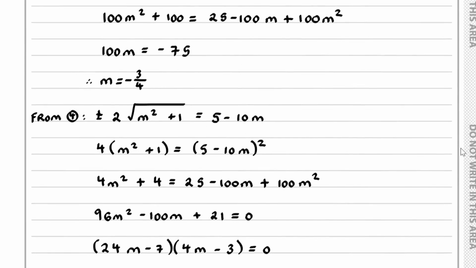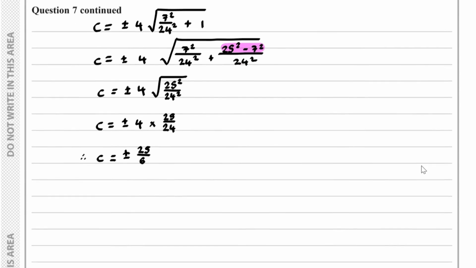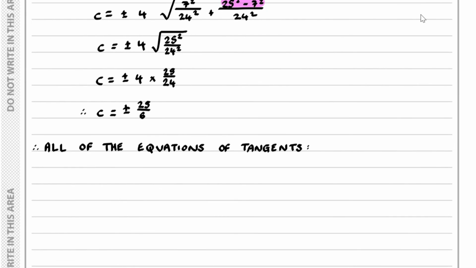And so what we can conclude from all this then, all of the equations of the tangents, we have x equals 4, we talked about that. We have y equals 3/4 x plus 5. y equals minus 3/4 x plus 5.